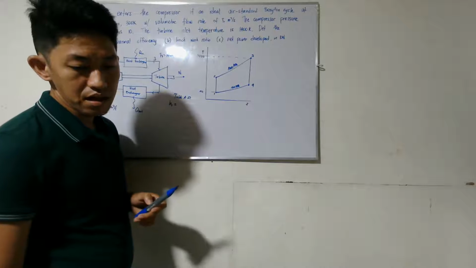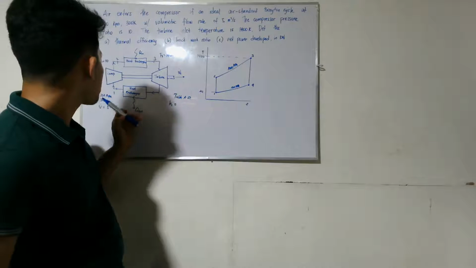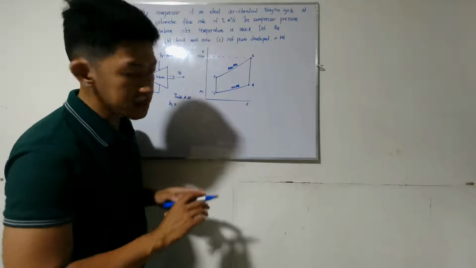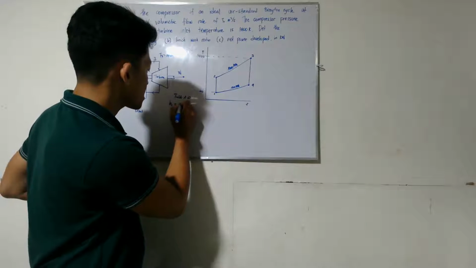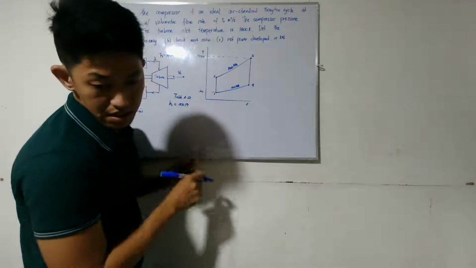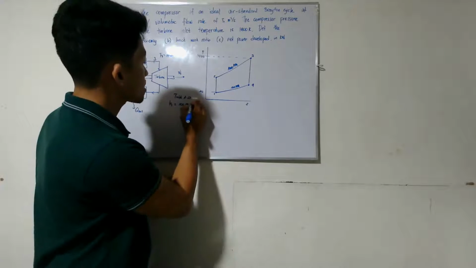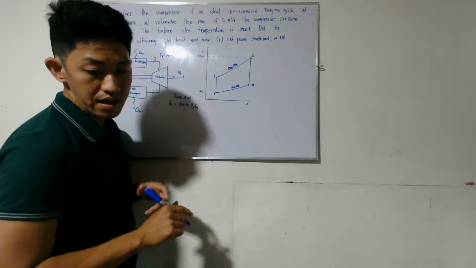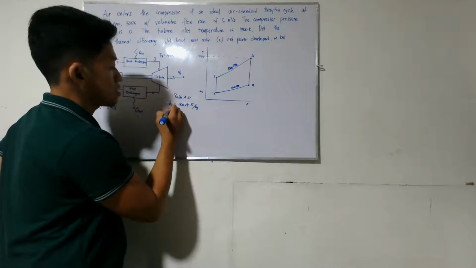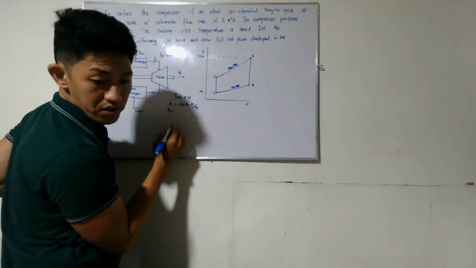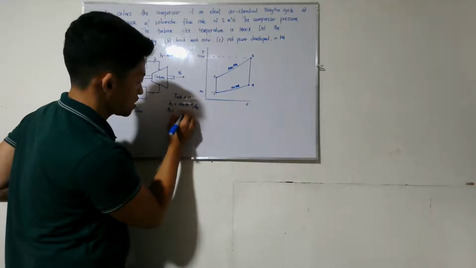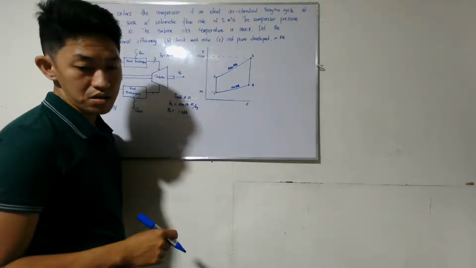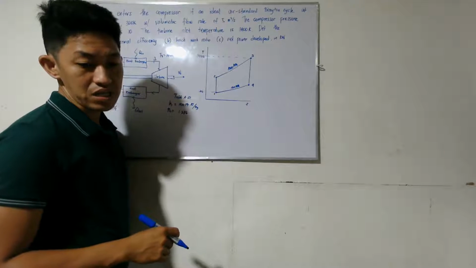Based on the table, since you're given the temperature 300 Kelvin, the enthalpy is 300.19 kilojoule per kilogram. And the pseudo-reduced pressure at point 1 is 1.386. Now we will use this one later on in order to find the values at state 2.